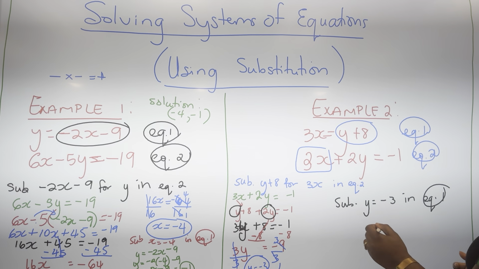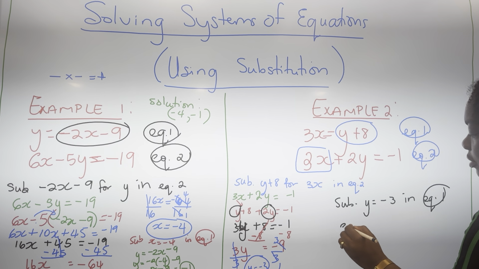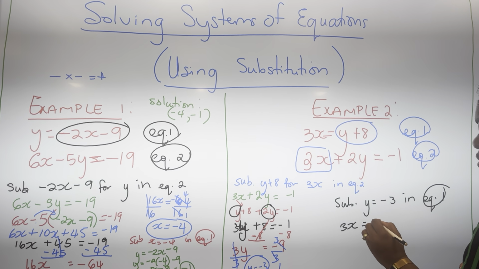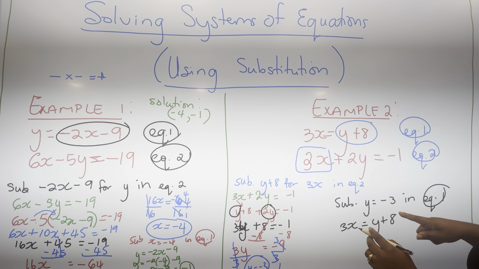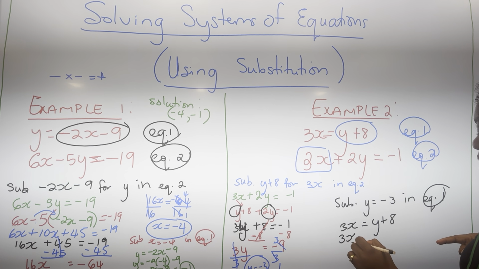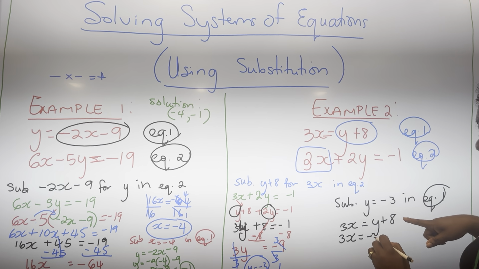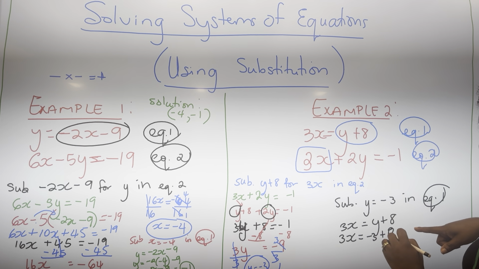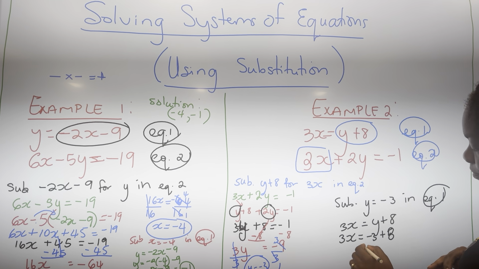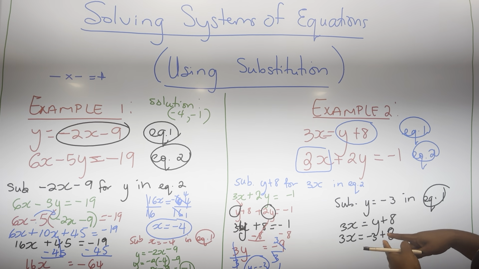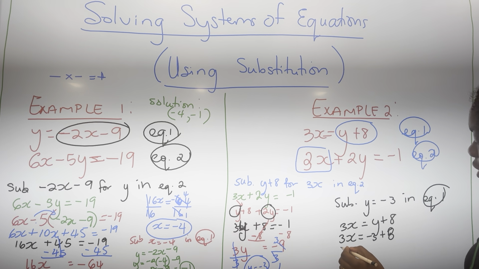So that's 3x equals y plus 8. So where I see y, I'm going to put negative 3 plus 8. So that's 3x equals 5.